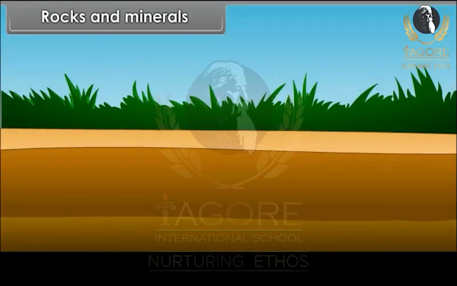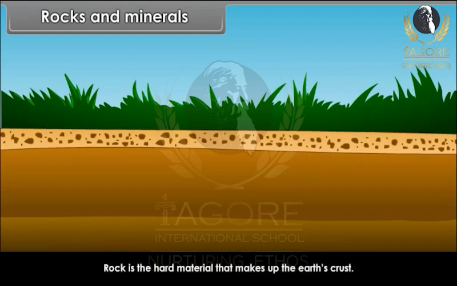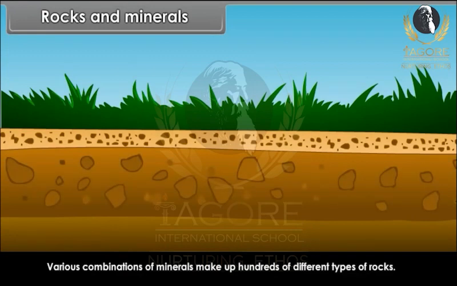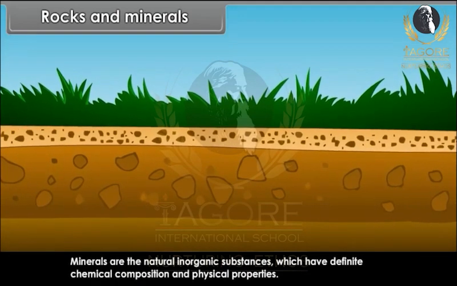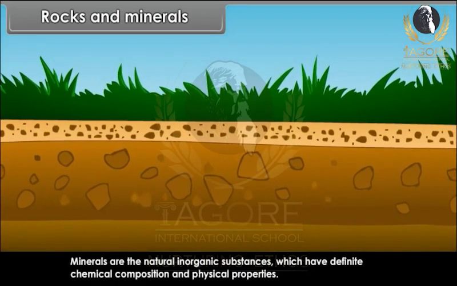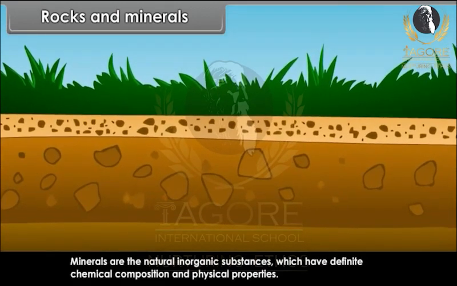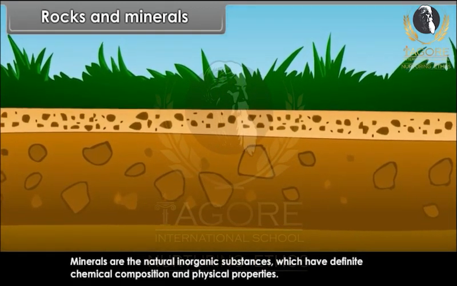Rocks and minerals. Rock is the hard material that makes up the Earth's crust. Various combinations of minerals make up hundreds of different types of rocks. Rocks are made up of individual substances which are called minerals, found mostly in solid state. Minerals are the natural inorganic substances which have definite chemical composition and physical properties.